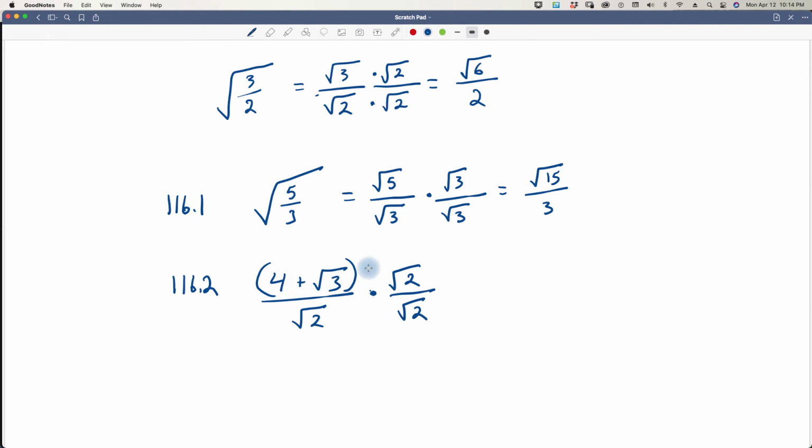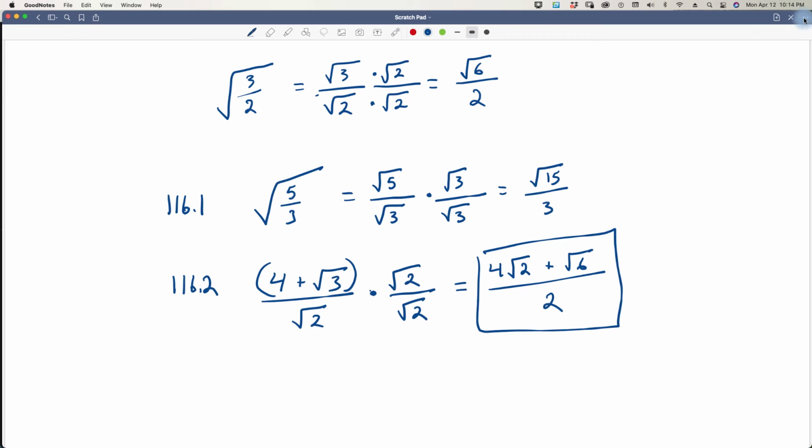We're going to do the first term and then the last term times the square root of 2. So that's going to be 4 times the square root of 2 plus the square root of 6 over 2. Okay? And that's as far as we can go. That's all we can do with that.